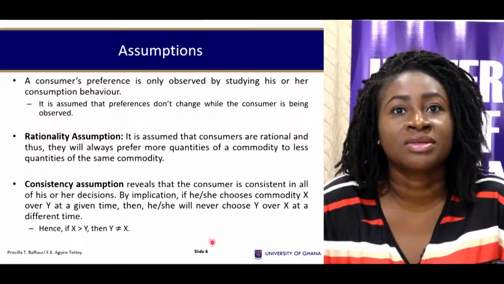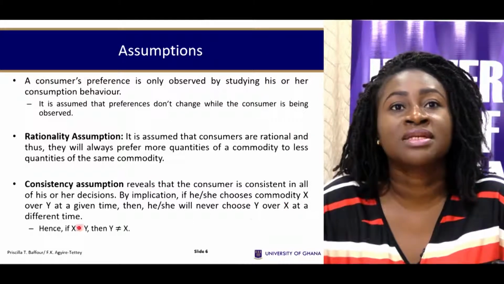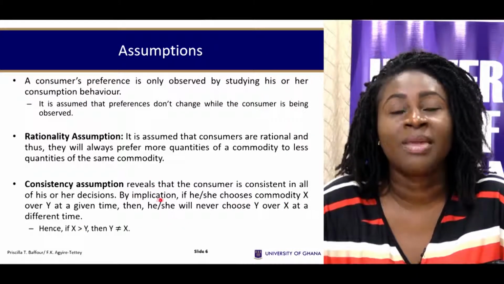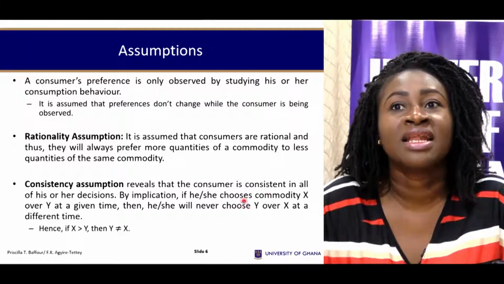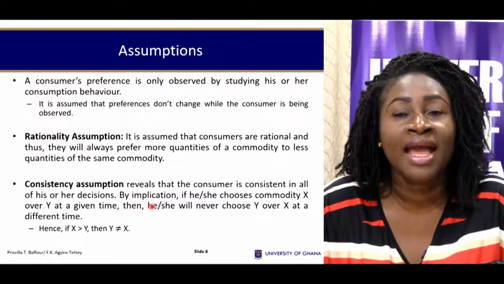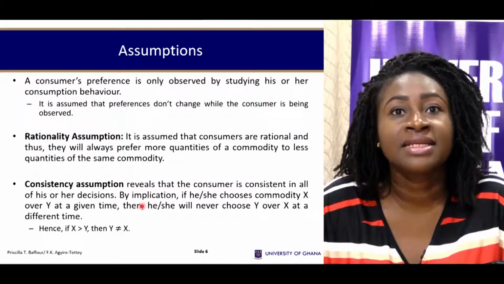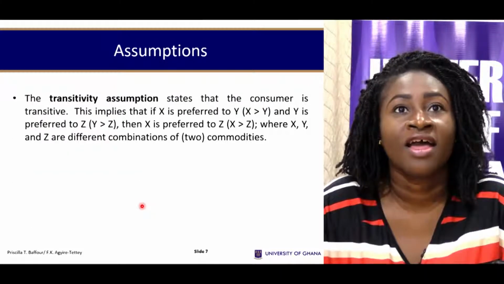Consistency means that the consumer is consistent in all his decisions. By implication, if commodity X is chosen over commodity Y, then he or she will never change his or her mind by choosing Y over X.